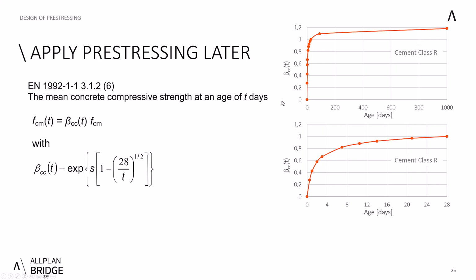At the age of 8 days, the strength reaches only about 80% of the strength at 28 days and 2/3 of the strength at infinite.